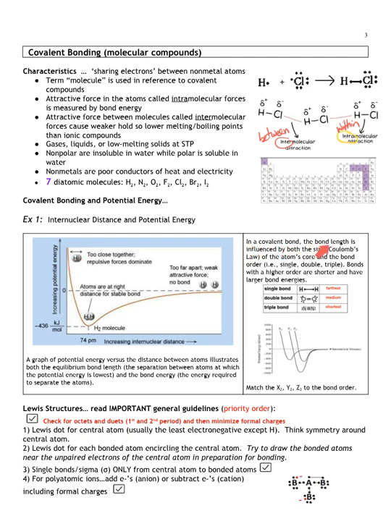In a covalent bond, the bond length is influenced by both the size of the atom's core, which is Coulomb's law, and the bond order, so single, double, or triple. In a single bond, like H-H here, the bond length is going to be farther apart than a double bond.